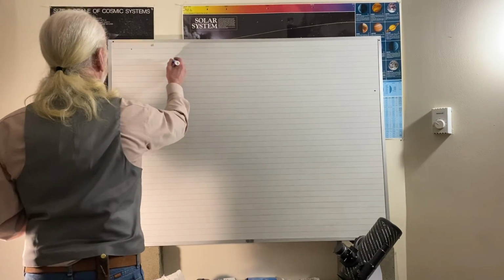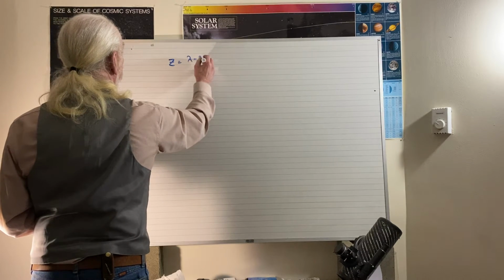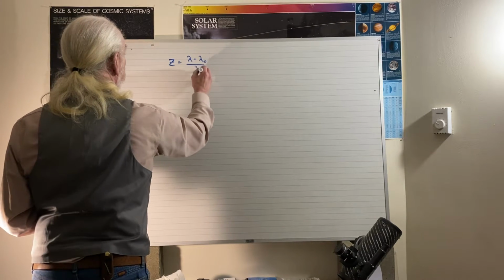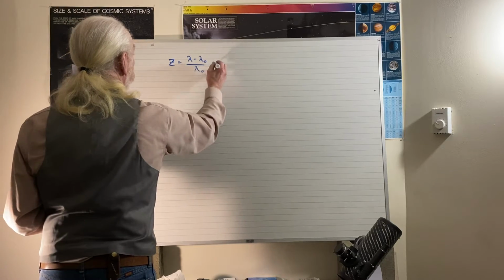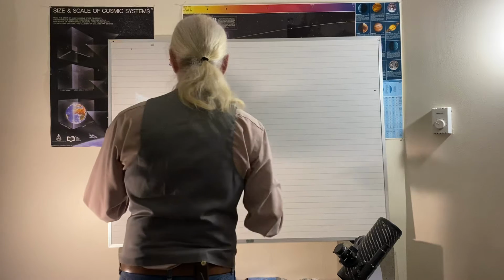So z is lambda minus lambda naught over lambda naught. This should be getting to be old hat at this point. We're just going to plug in the numbers.